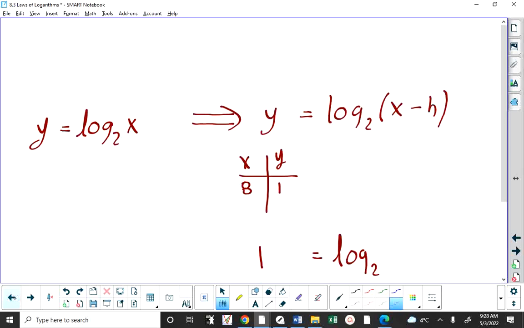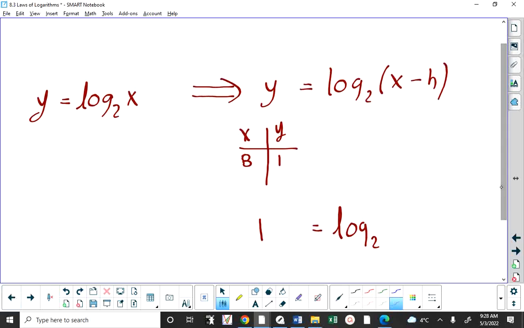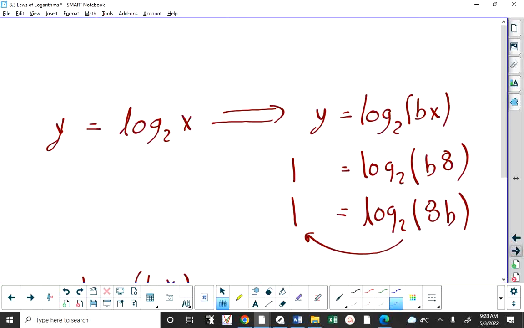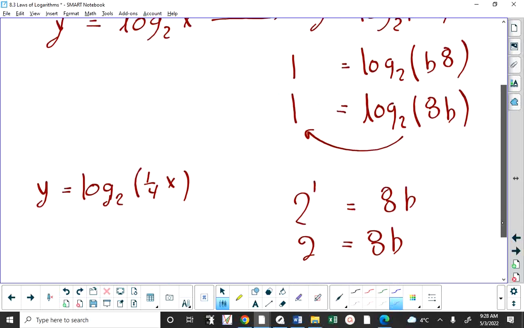As I said, just because I started this, I'll finish this, which isn't in the actual question. If it were a horizontal translation, we would have the following when we substitute in the ordered pair. What we're going to do is no different in principle to what we did here. We wrote this in exponential form.